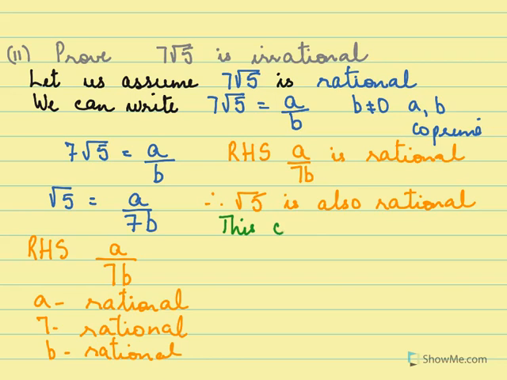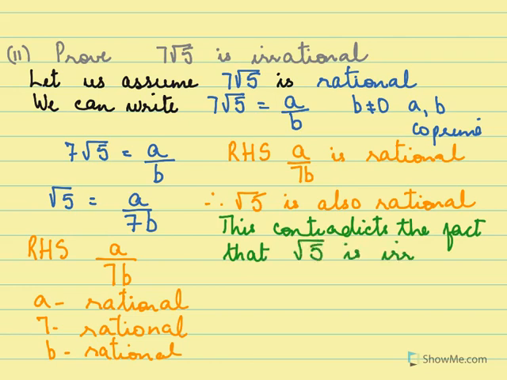But this contradicts the fact that under root 5 is irrational. We know under root 5 is irrational. And hence, why did we get this contradiction? Because our assumption is wrong.